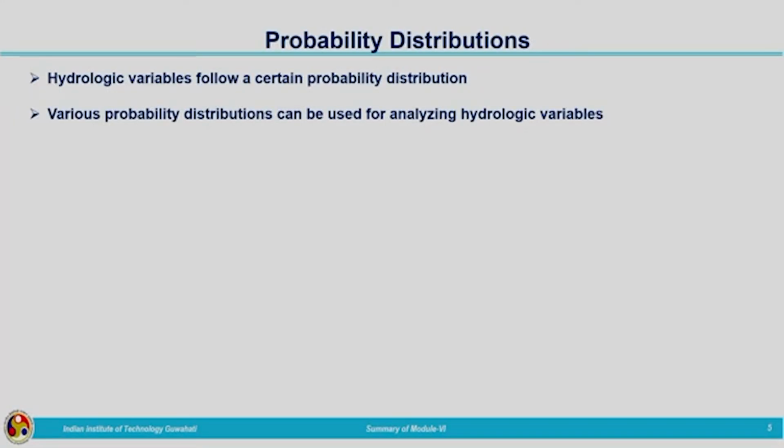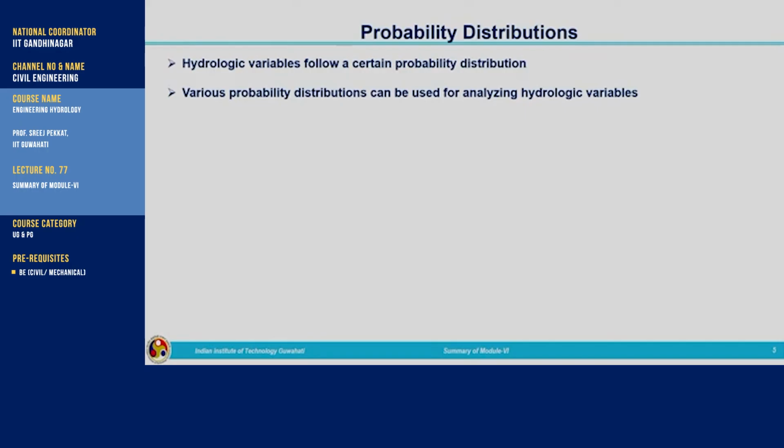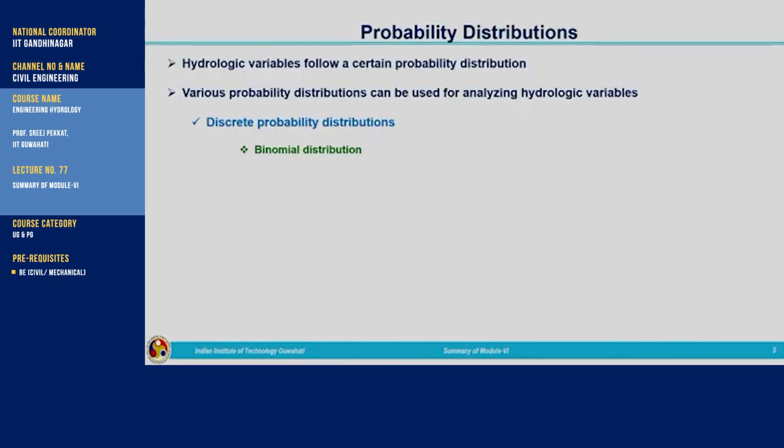And after that we have looked into different probability distributions corresponding to discrete random variable and also continuous random variables. In the case of discrete probability distribution, we have discussed binomial distribution and Poisson distribution.